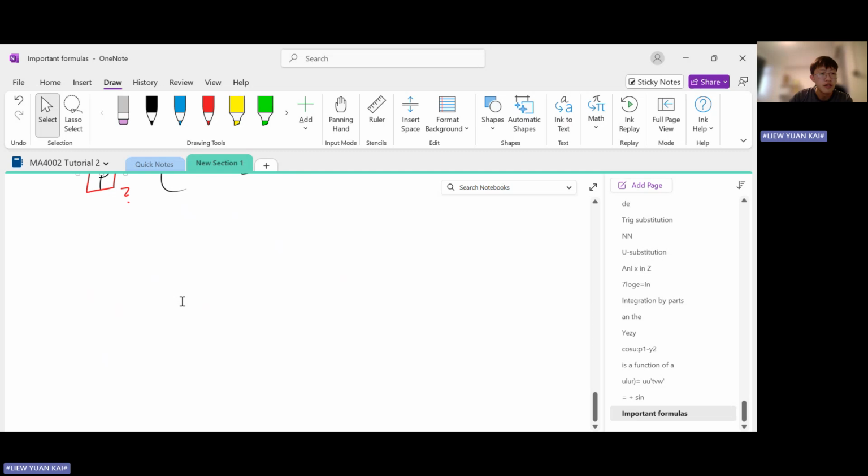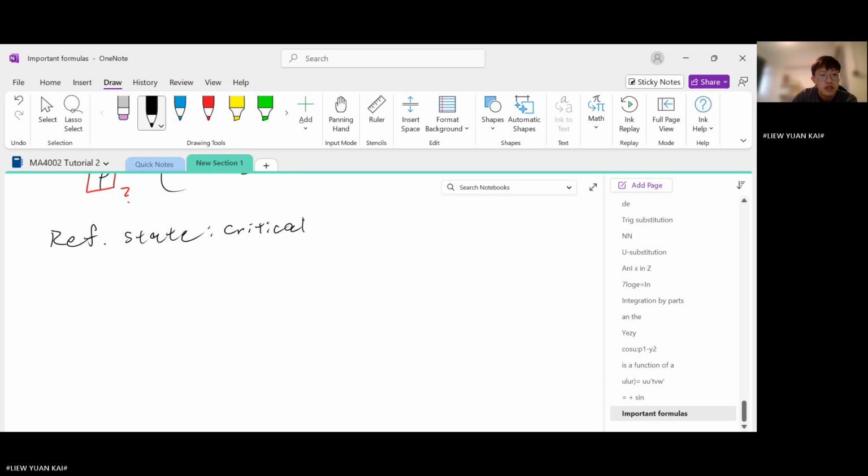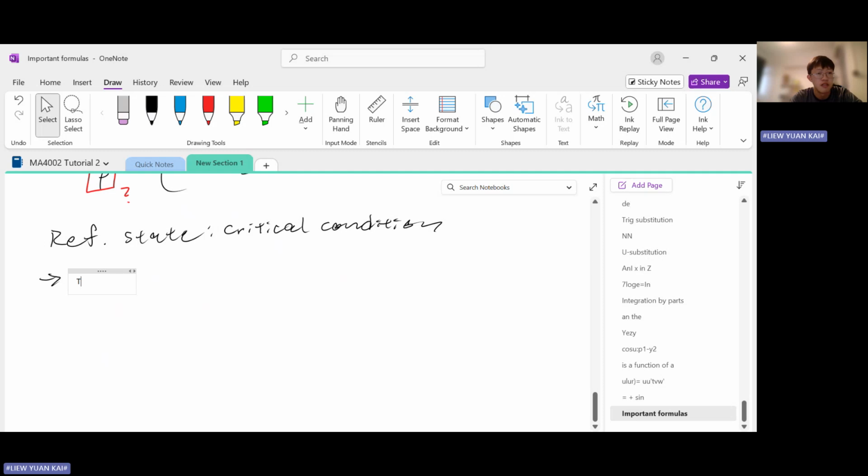We have another reference state besides the local stagnation state. Another reference state that we will use is a critical condition. Let me just write this down using typing because I'm a bit too lazy to write this out.